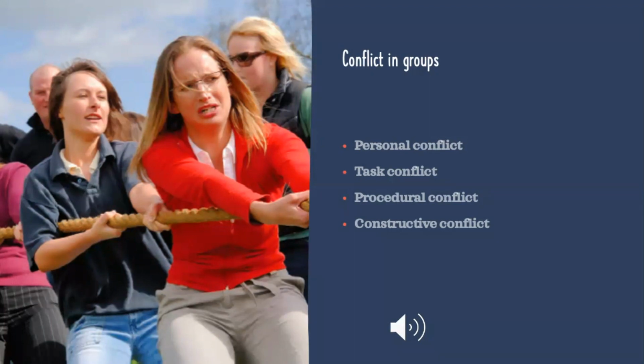It tends to focus on the group's goal of selecting the best idea, person, or concept for the project or job. And that's more of the task-orientated type of conflict.